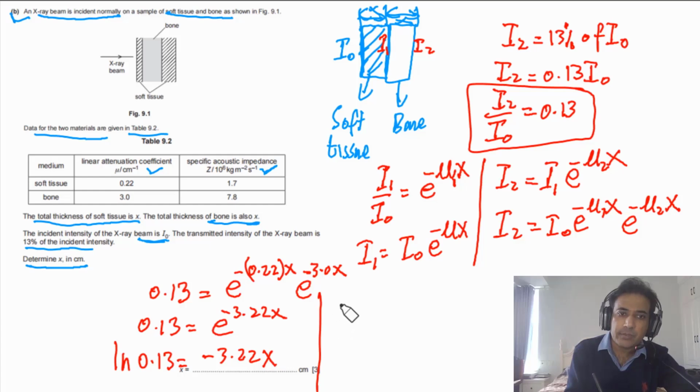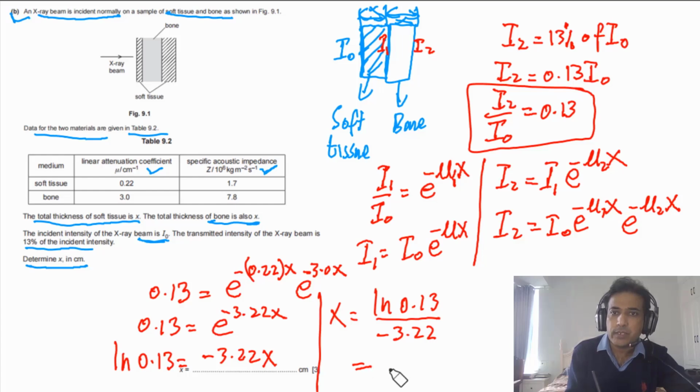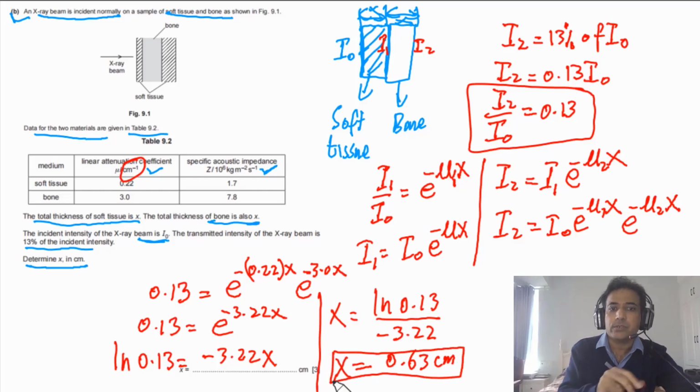So x will be equal to ln 0.13 divided by negative 3.22, and we will get our final answer, 0.63 centimeters, because the unit of mu is per centimeter. So this is our final answer. This is how you can calculate.